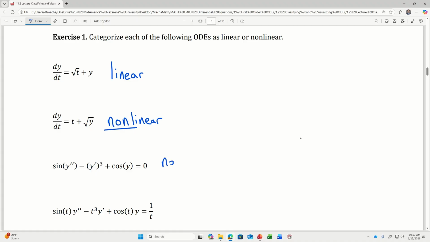This one is non-linear, because all these functions, sine, cube, cosine, are non-linear functions, and y is my dependent variable. So if it's a non-linear function of the dependent variable or its derivatives, then it's a non-linear ODE.